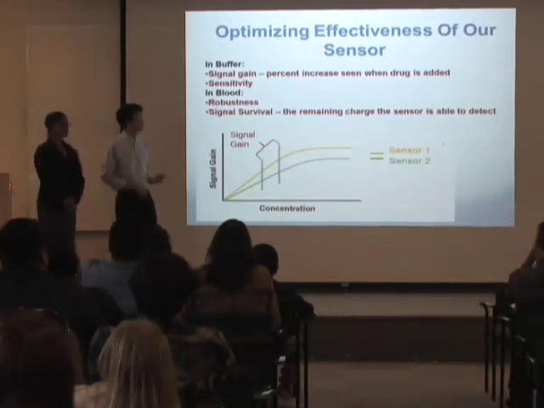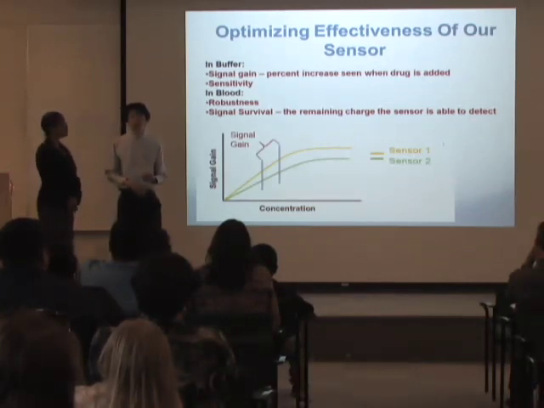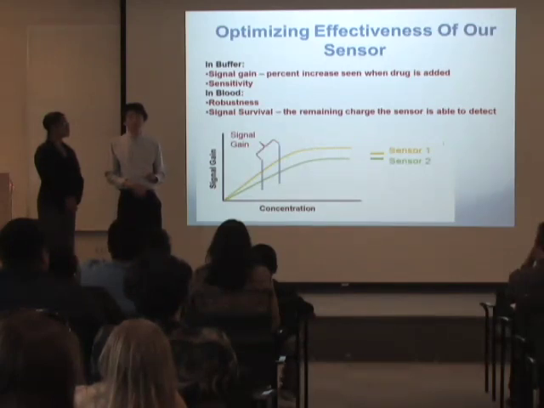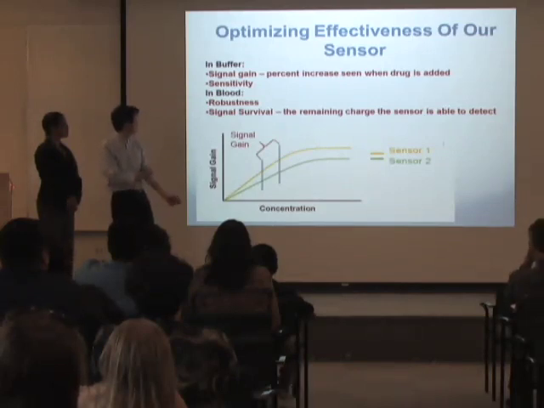And we were also looking for signal survival. So obviously, since the signal is decaying over time, we had to test whether or not a signal change can occur when we add our drug.